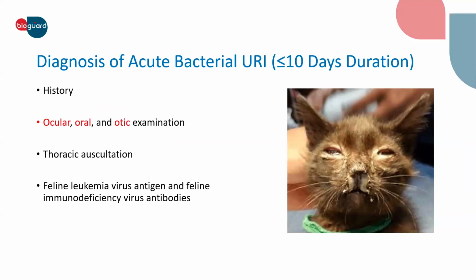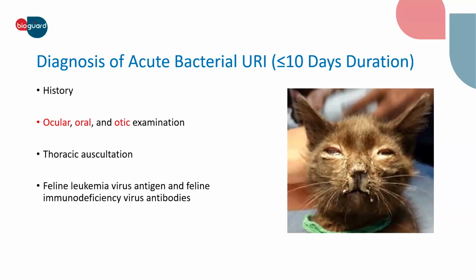In particular, the vaccination status, the presence of or exposure to other cats, whether cats are allowed outdoors, contact with a shelter, kennel, or veterinary hospital, health status of in-contact cats, health status of in-contact humans, and exposure to dogs.